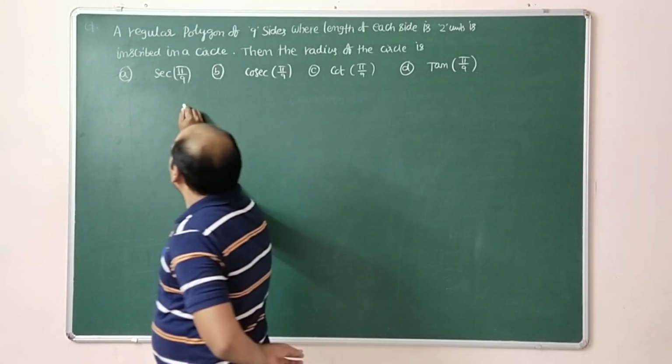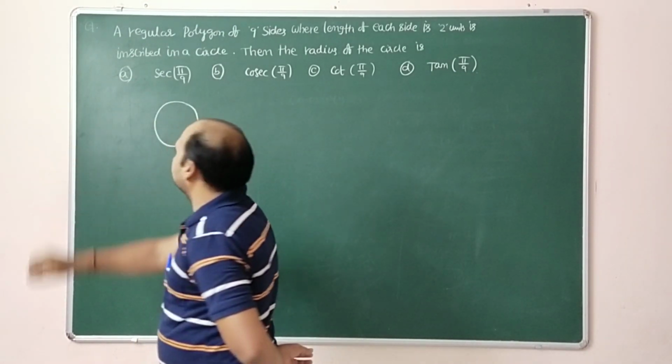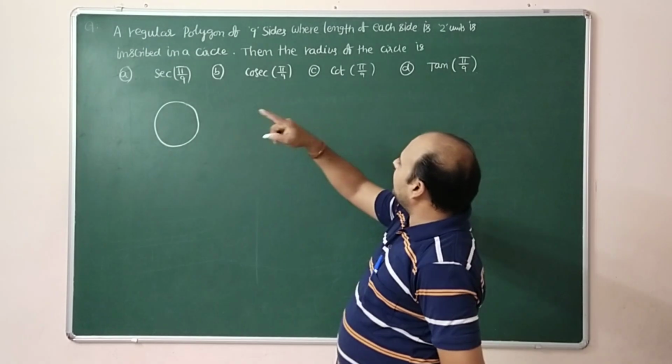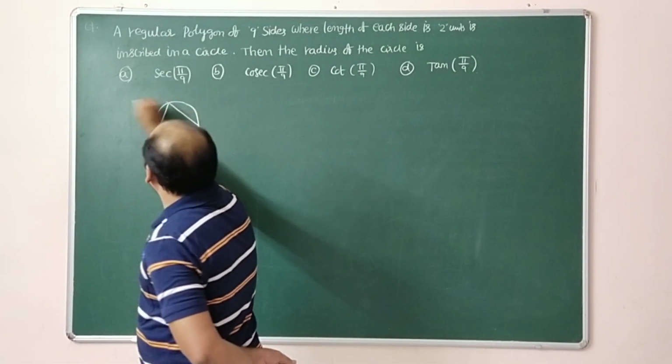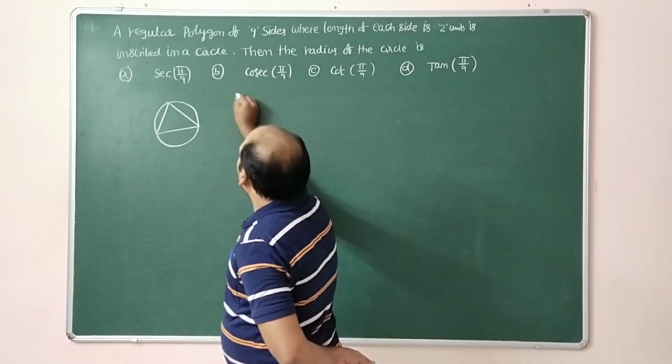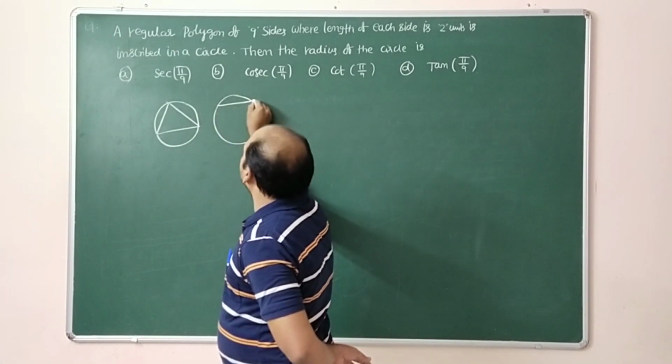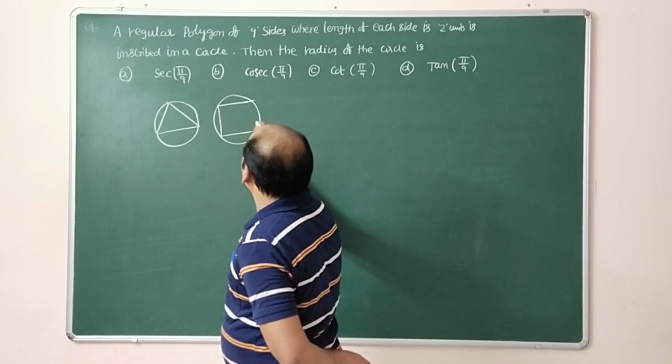So for example we will take a circle. Polygon inscribed in a circle. So suppose if you consider triangle inscribed in a circle. Square inscribed in a circle.